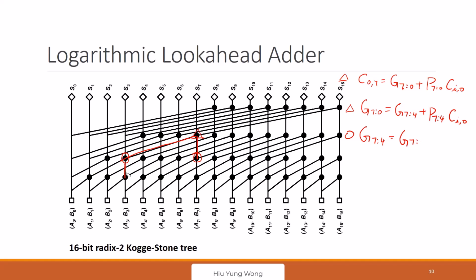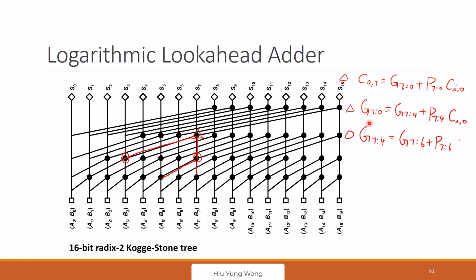Sorry, actually I did the wrong thing because we're talking about 7 to 4, it should be this branch: G7 to 6 generate, or G5 to 4, G7 to 6 propagate. So now you see that I actually made a mistake.